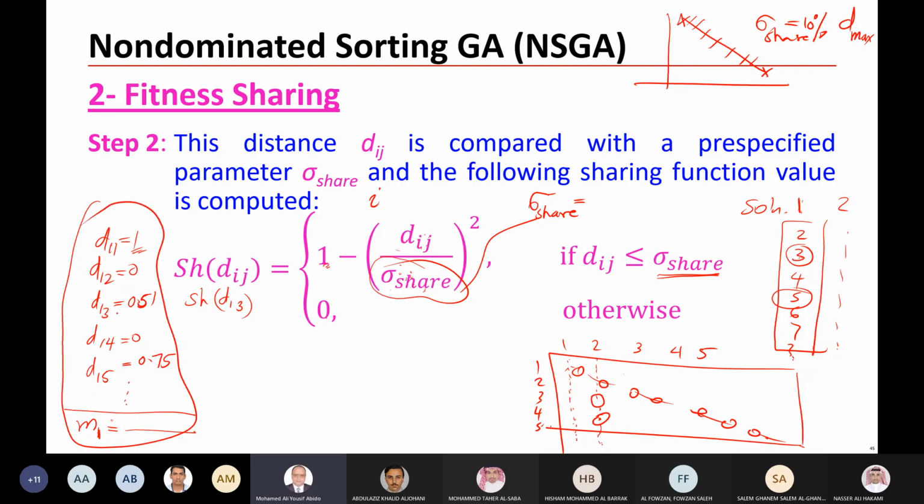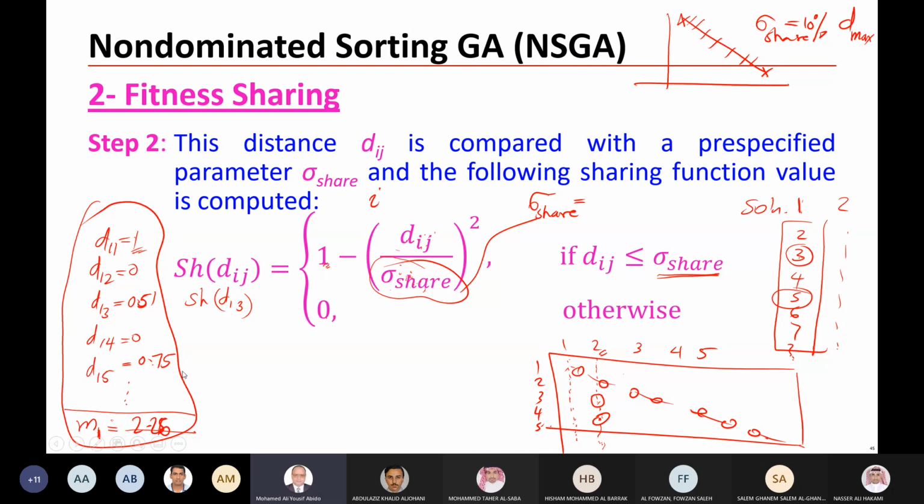You have M1 here equal to 1.5, 2.25, for example, or 2.6. So this is M1. You repeat this for solution number 2. You have all the distances. You identify which one is less than sigma share. You calculate it, so D21, D22, D23, and so on. And then you can get the sharing here.